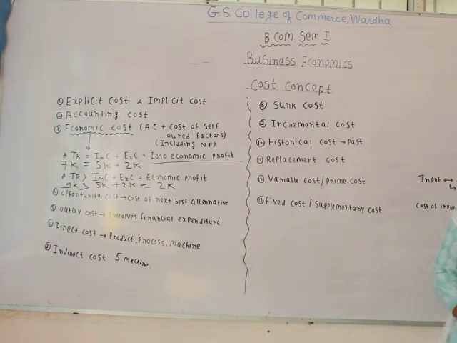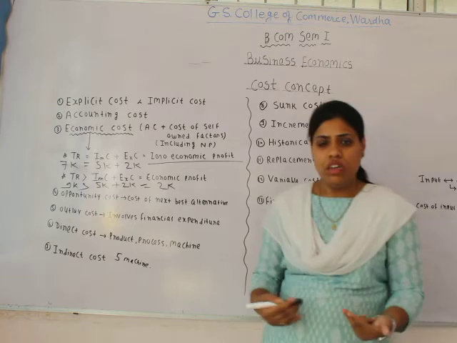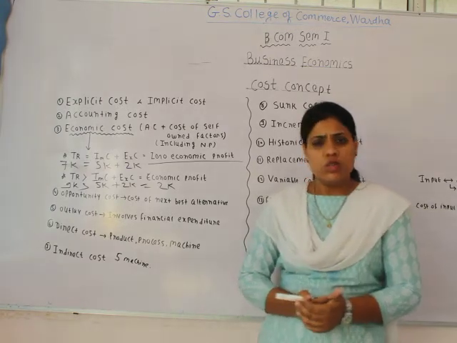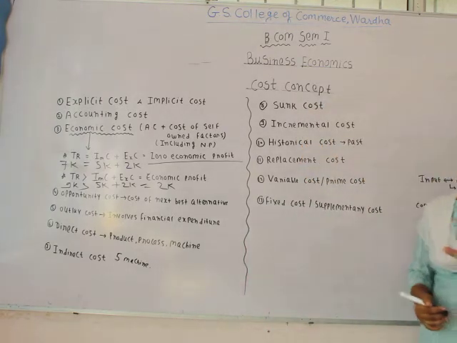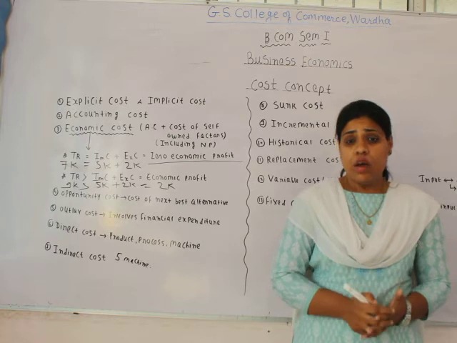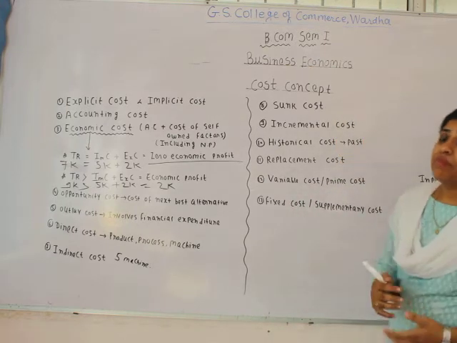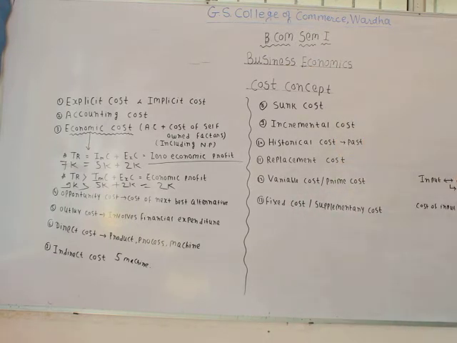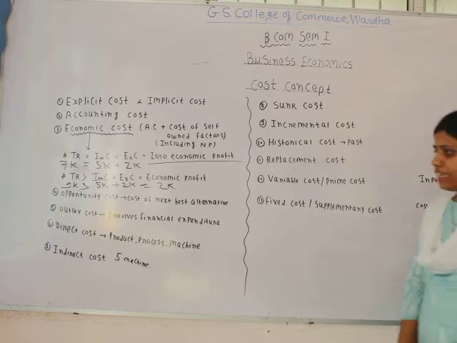You cannot recognize how much electricity has been consumed by one machine, or by 2 machines. So indirect costs are those costs which are incurred but which are not directly associated with the product and cannot directly be traced in the product. Those costs are known as indirect cost.